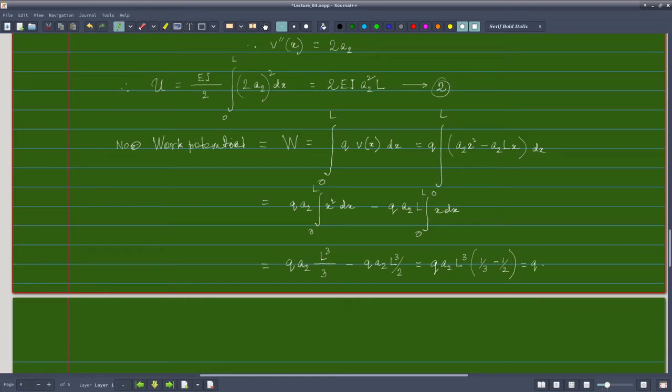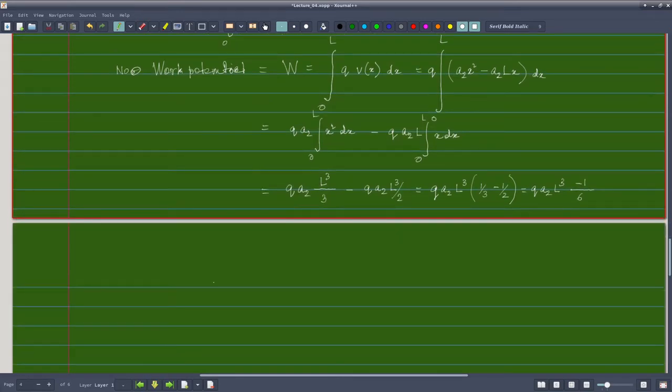So qa2 L cube into, this is my 6, so 2 minus 3, so minus 1, so minus 1 by 6, and therefore my W is minus qa2 L cube by 6. Am I right? So, okay, this is okay.